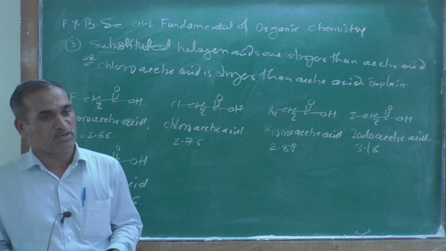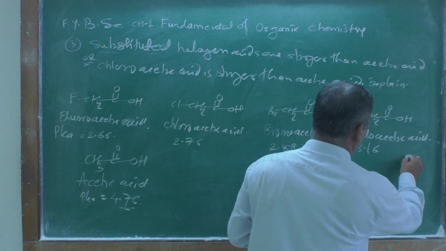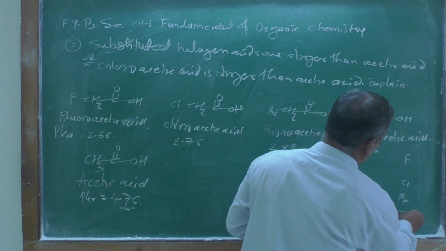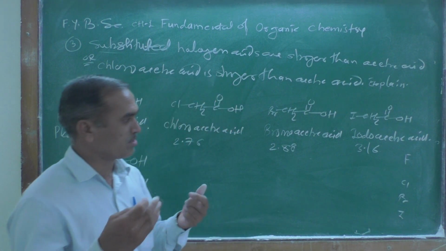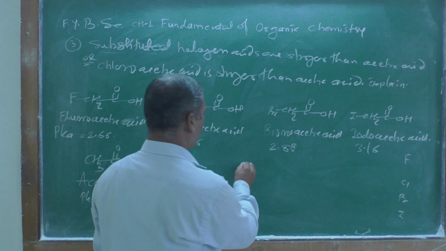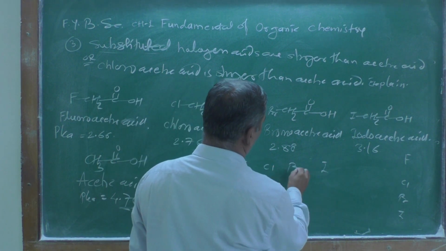From top to bottom, we have fluorine, chlorine, bromine, iodine, and astatine. Astatine is radioactive, so don't consider it here, but these are the atoms: fluorine, chlorine, bromine, and iodine.